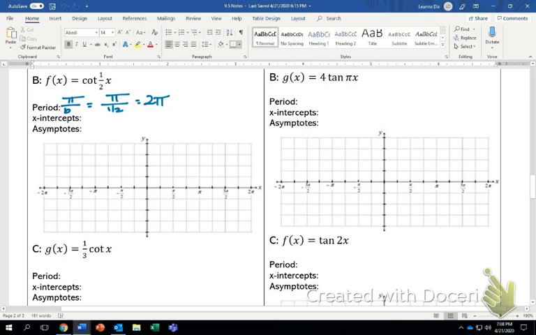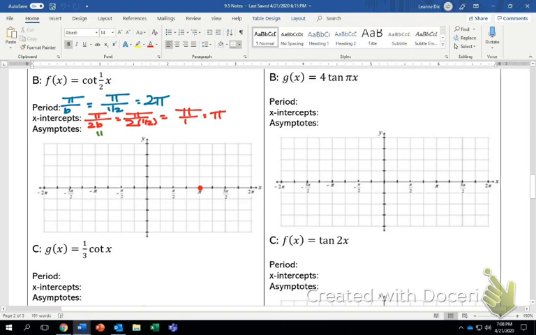X-intercepts, we are working with tangent, so that's going to be pi over 2b, and b again is that 1/2, so it's going to be pi over 2 times 1/2, and 2 times 1/2 is just going to equal 1, so pi over 1 is just pi. Asymptotes follow the formula pi over b, and I actually went ahead and put my x-intercept right there.